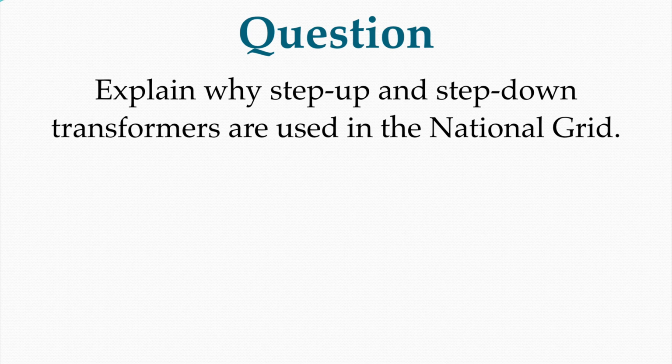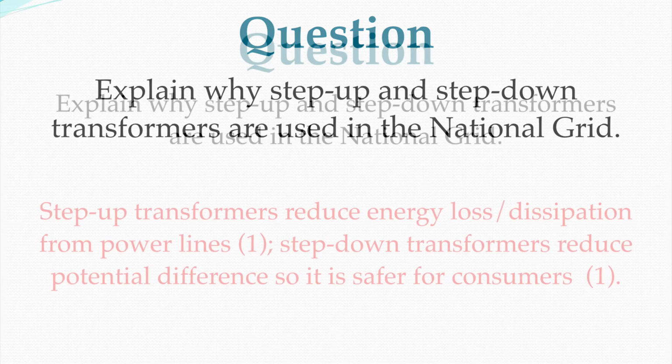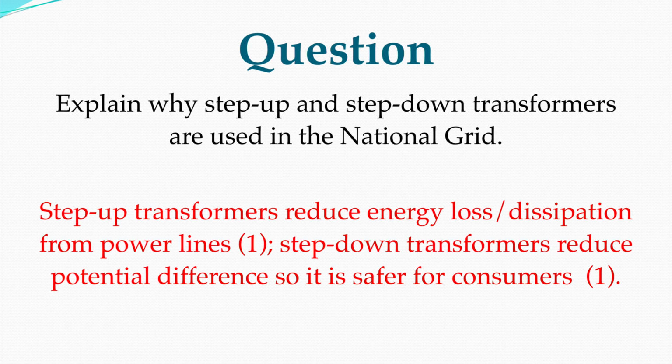And again, in your books, please explain why step-up and step-down transformers are used in the national grid. Step-up transformers reduce the energy loss dissipated by power lines, and step-down transformers reduce the potential difference so it's safer for consumers.